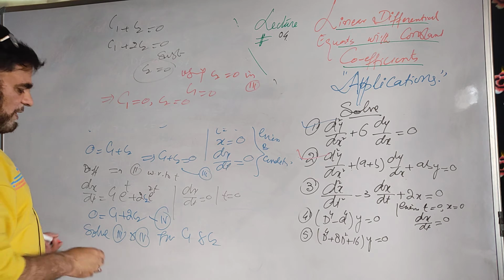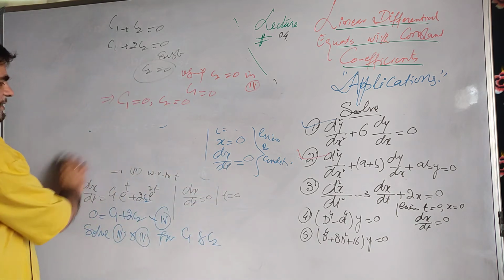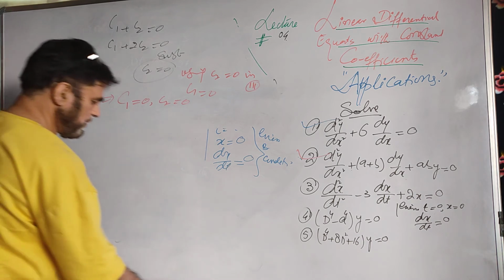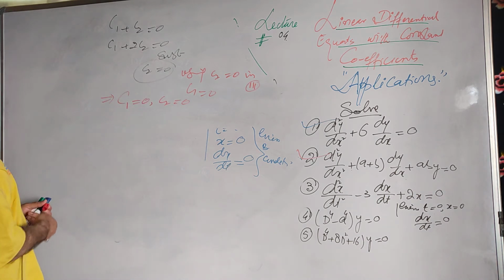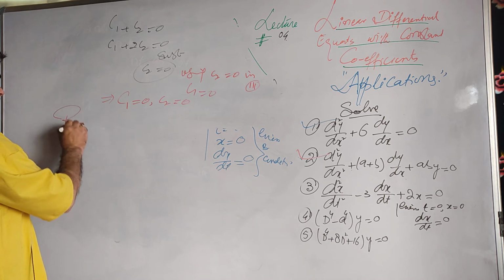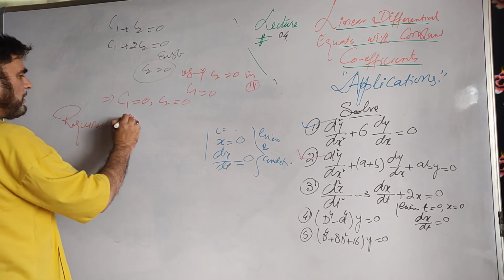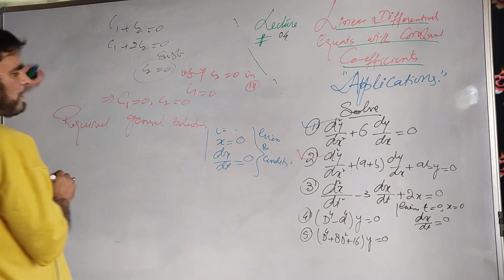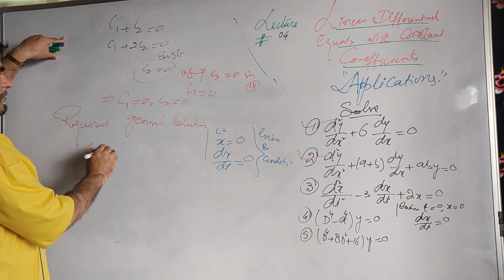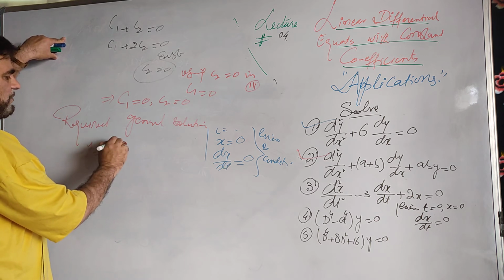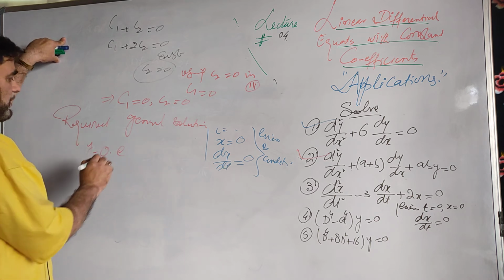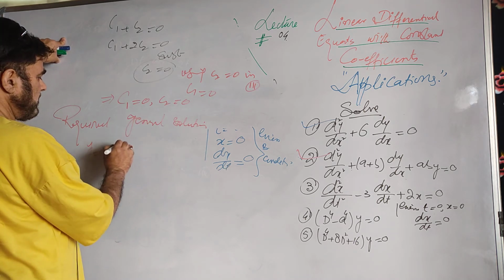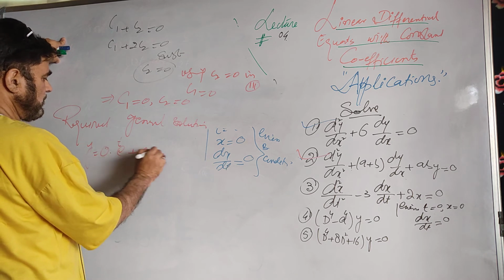Constants are removed, you will get the general solution now. So required solution is, what was your solution? Required solution is x is equal to c1, which is 0, e raised power t plus 0 e raised power 2t.